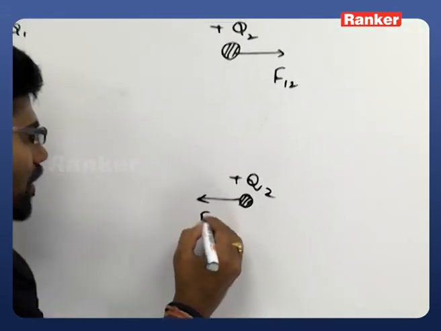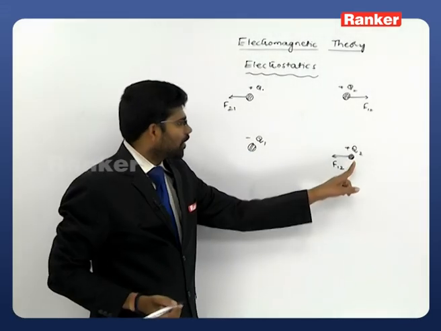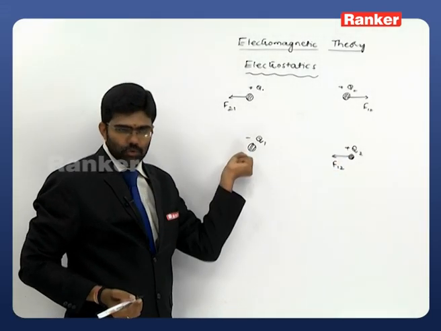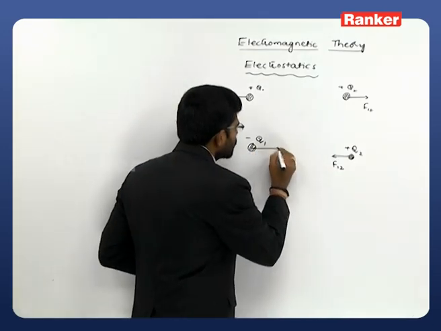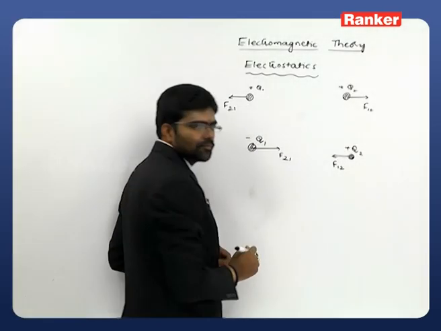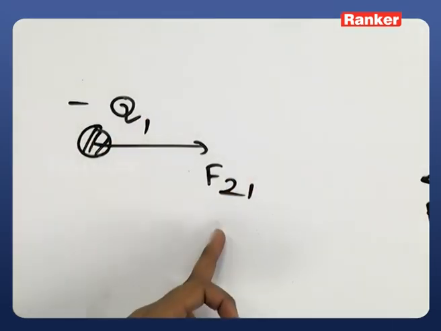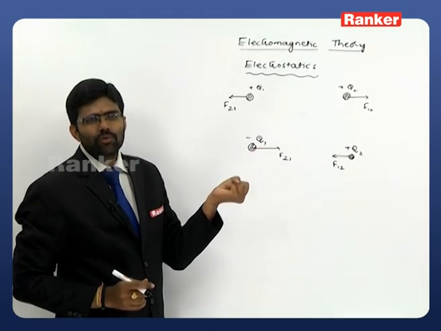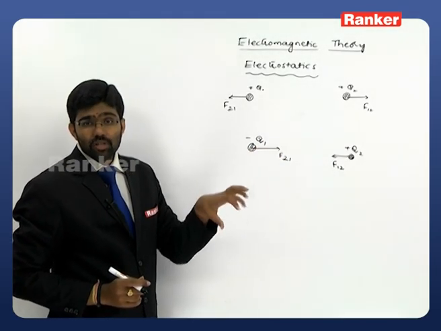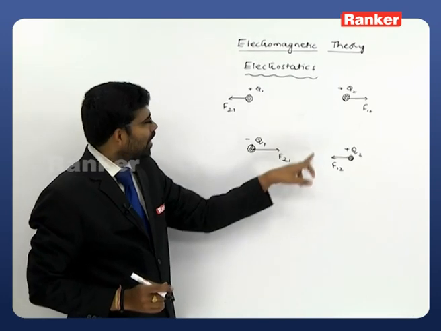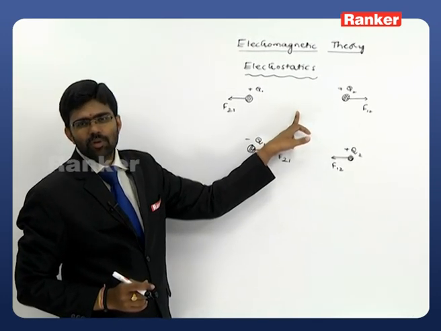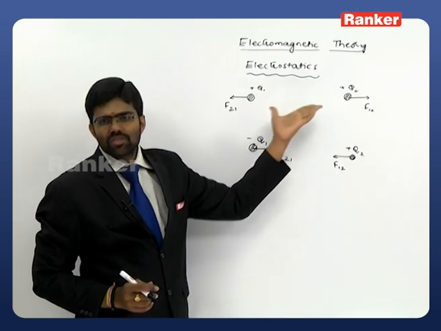This is F12, the force acting on 2 because of 1. In the same way, here it is F21, the force acting on 1 because of 2. So we need to observe whether the force is attractive or repulsive, which depends purely on the polarity of the charges.